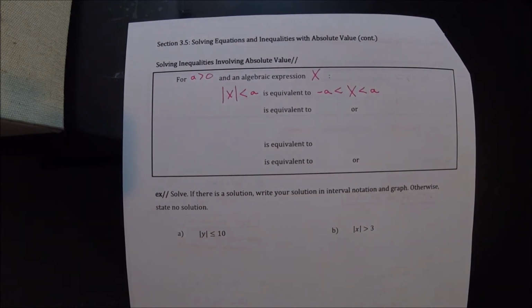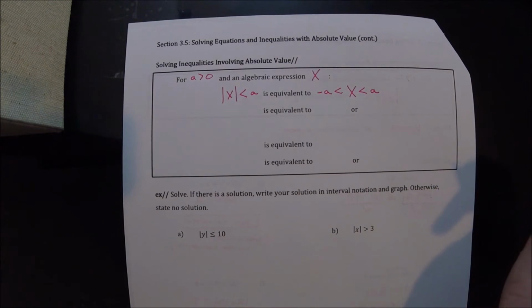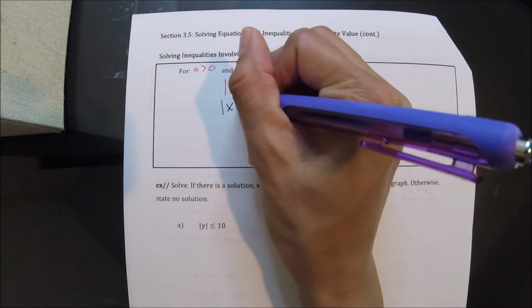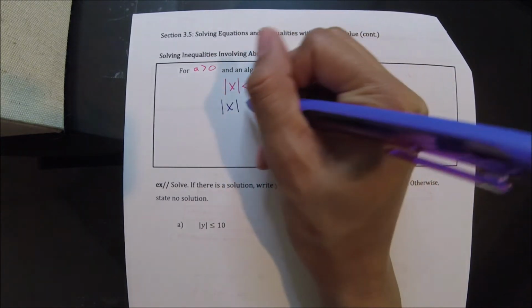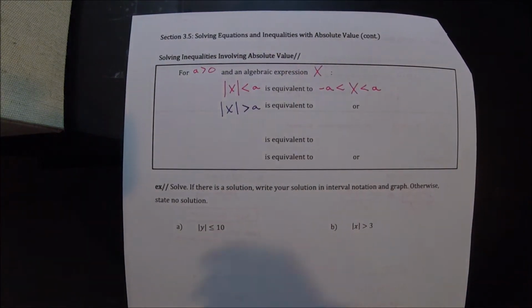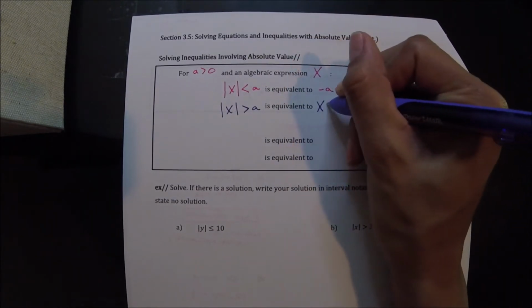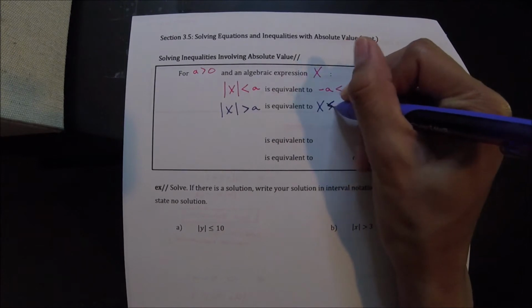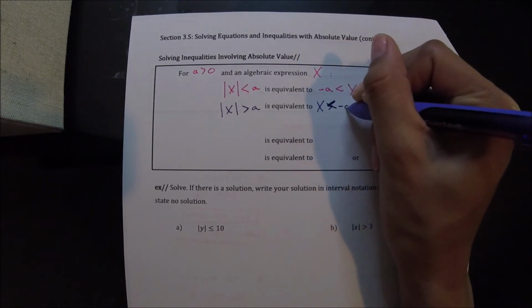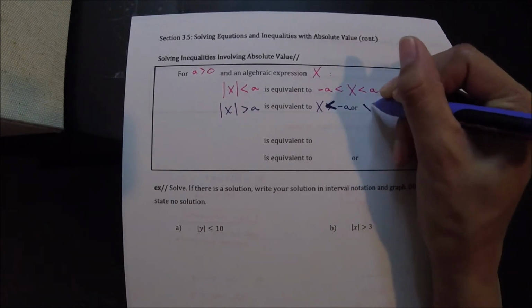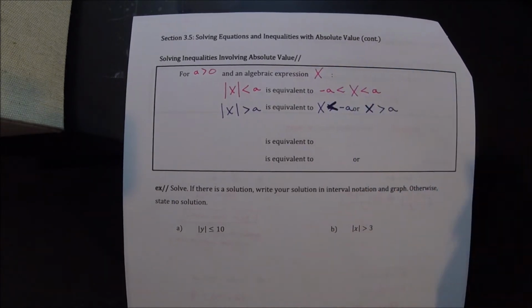And then the other one I'm going to do in a different color just to set it apart. If you have instead that the absolute value of x is greater than a, then it's going to be equivalent to x is less than negative a, or x is bigger than a.